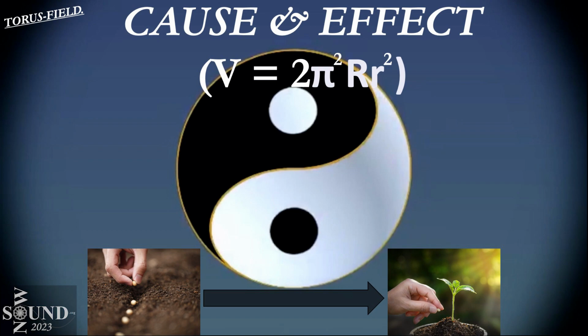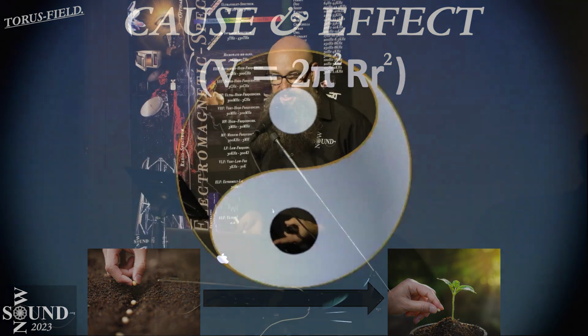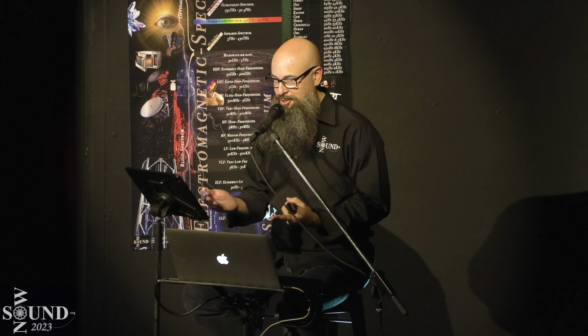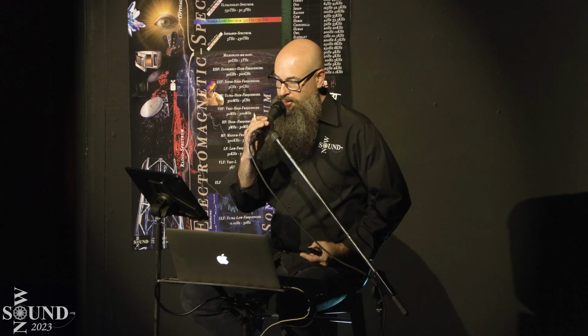So there you go. There is the mathematical equation for cause and effect. It is most certainly a thing, and what you put out comes back to you. It is not only a saying we use, but it is a natural law. So we need to be careful of the thoughts we put out and the words we put out, because things just come back around.